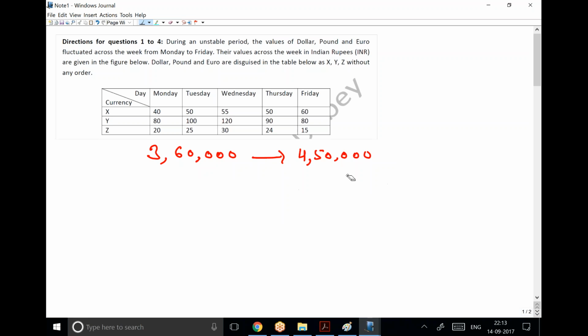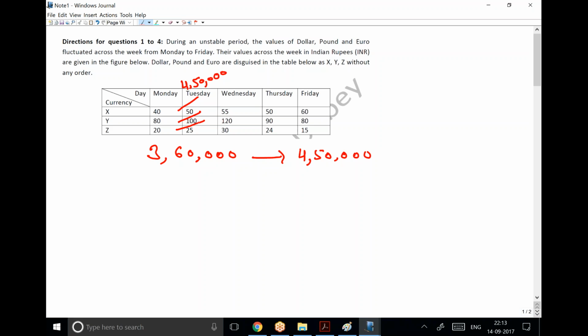Now what exactly are they saying? This 4,50,000 we got on Tuesday. So on Tuesday, we have a 4,50,000 amount. Either we divide by 50, because we do not know which one is pound, or we divide by 100, or we divide by 25.